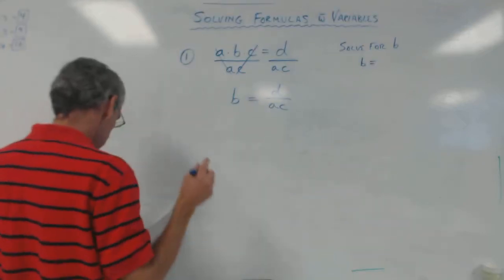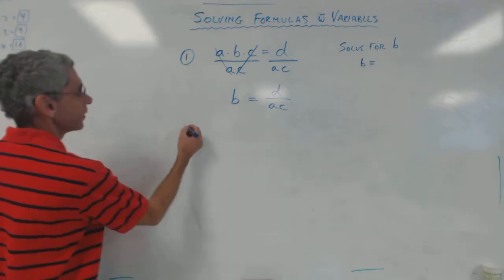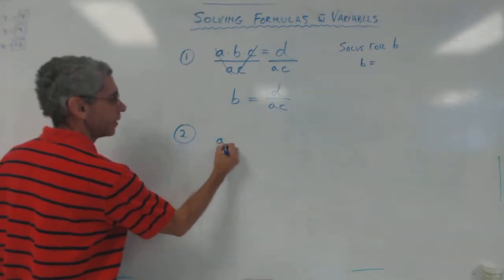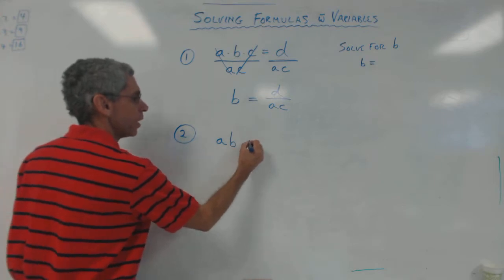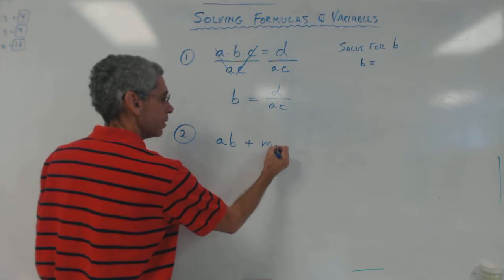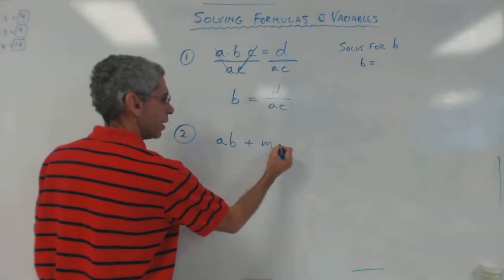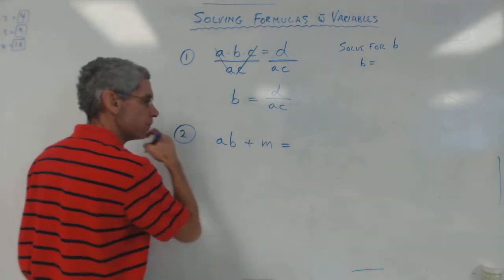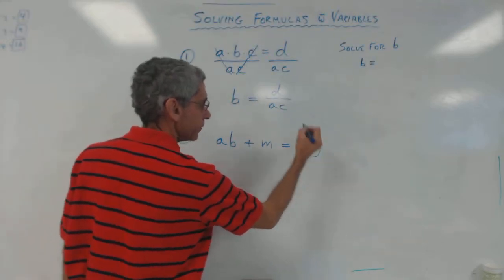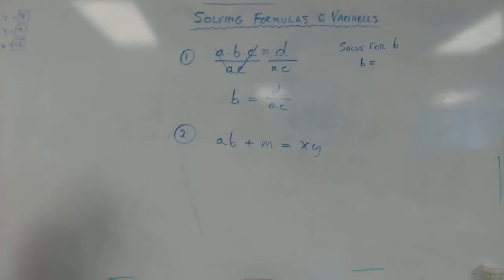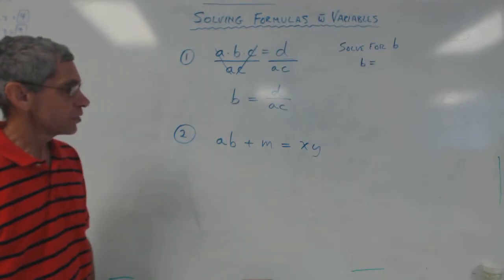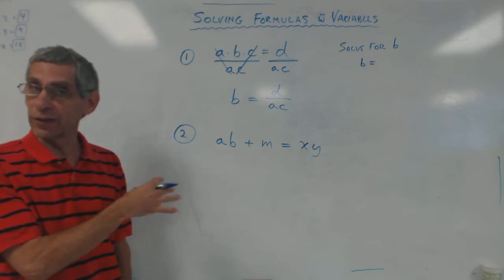All right, let's see. What if I said this? A times B plus M is equal to XY. That's what the homework's going to be. All right, so let's try solving for different things in this one.